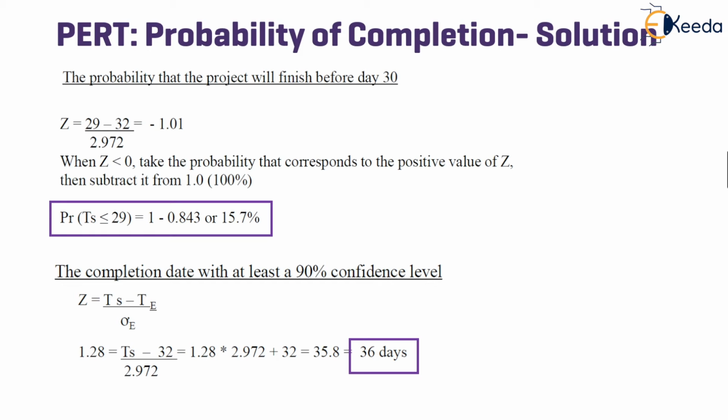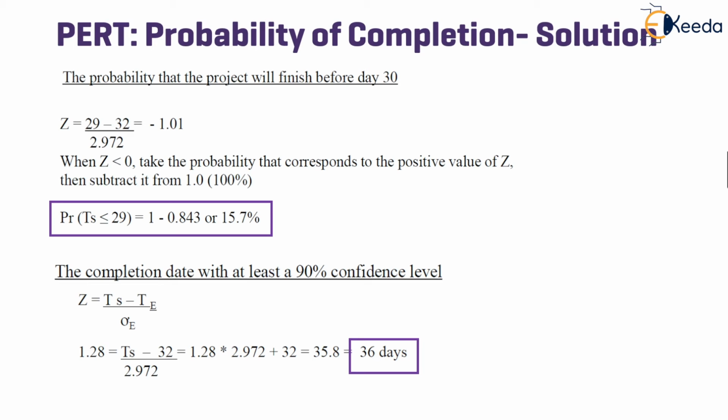So when the z value is less than 0, take the probability that corresponds to the positive value of z and then subtract it from 1. Here from the z table, when we look for 1.01, we find the value 0.843, which is subtracted from 1, and thus we get the value 15.7%. Therefore, there is a 15.7% probability that the project is going to finish before the day 30.